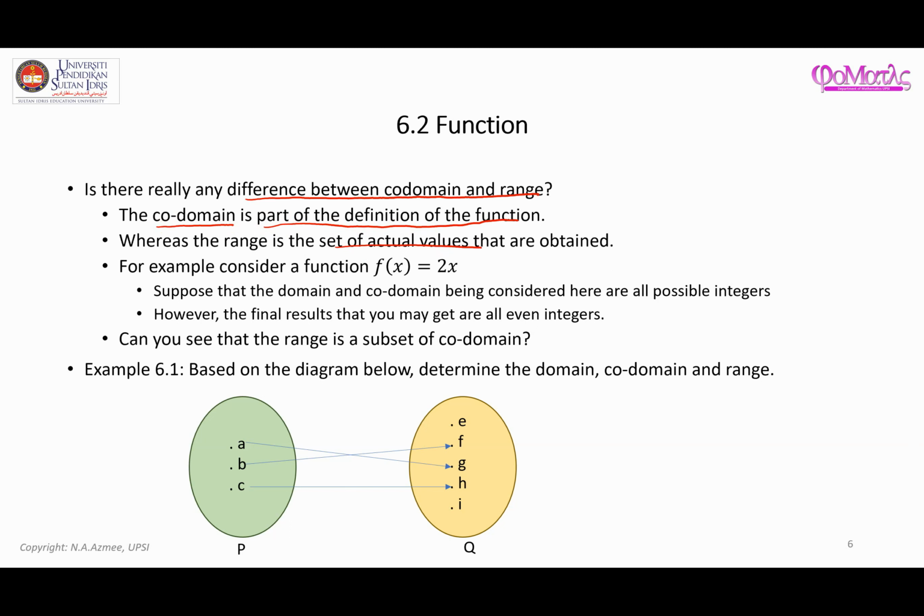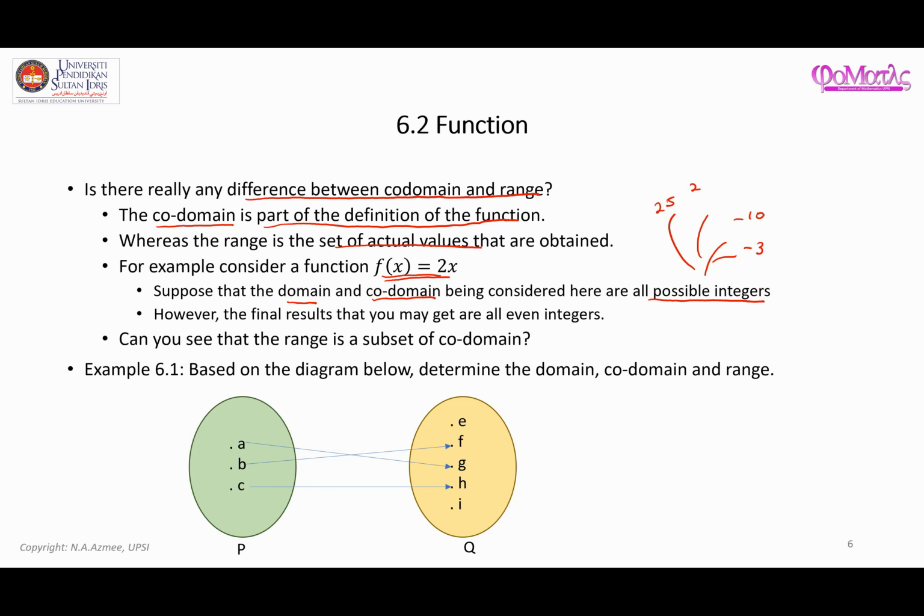As an example, consider this function, f(x) is equal to 2x, and suppose that it is stated explicitly that the domain and codomain considered here are all possible integers. So what are integers? Integers can be positive and negative whole numbers. For example, it can be -10, -3, 2, 25, whatever, as long as it is an integer.